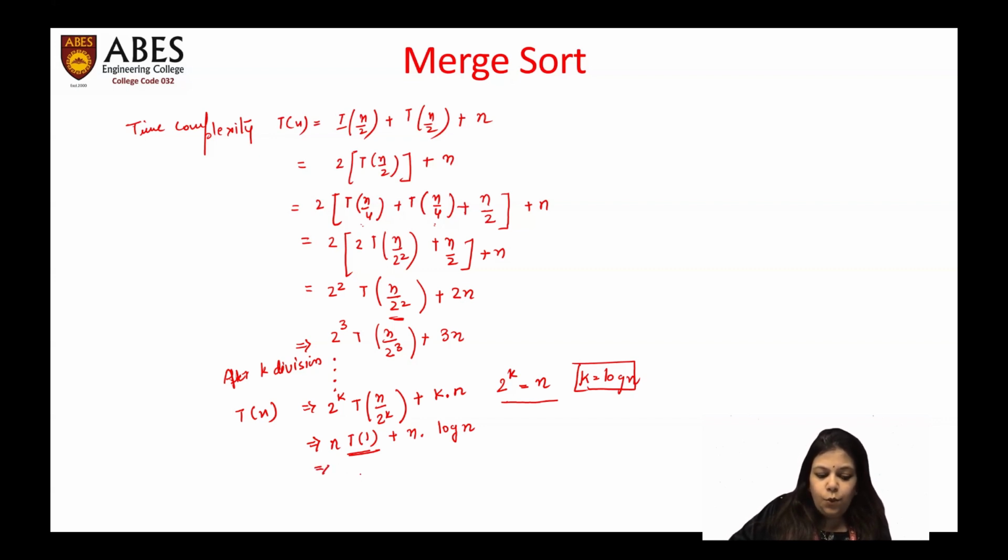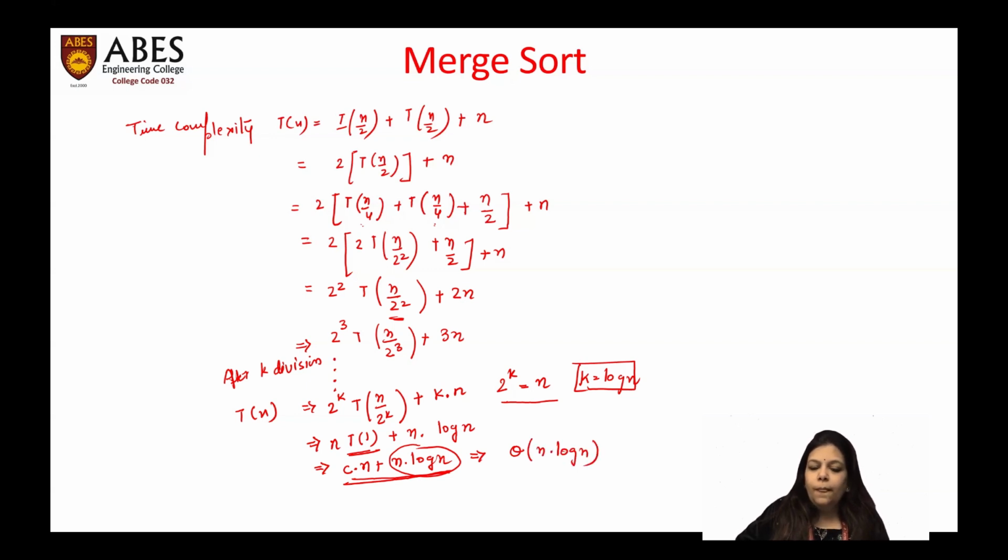So this is equal to c of n plus n log n. In this expression, n log n is the dominating term, so this can be represented as theta of n log n.